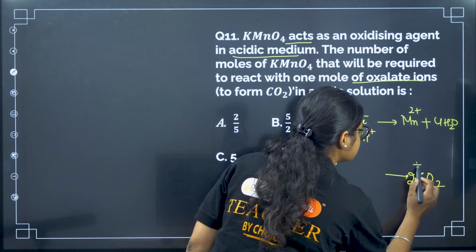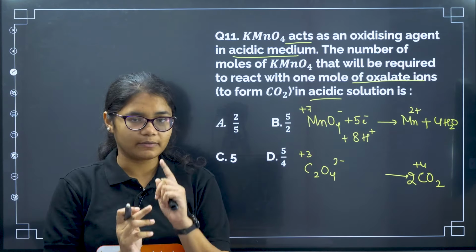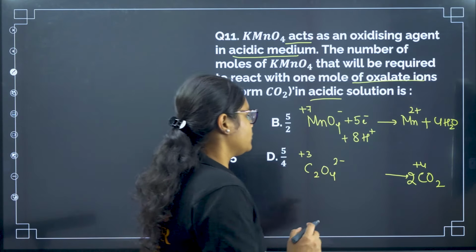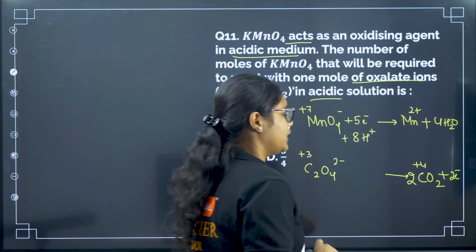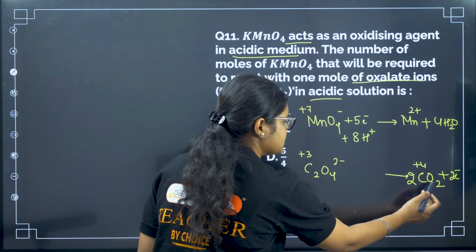Here the oxidation state of carbon is plus 4. Plus 3 to plus 4, for 1 carbon the number of electrons required is 1. There are 2 carbons here, so 2 electrons will be required, right? Oxygen is already balanced.